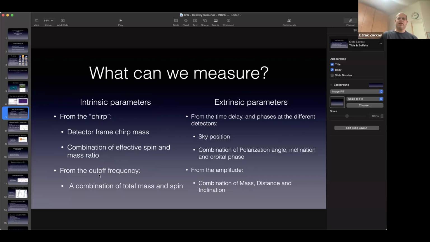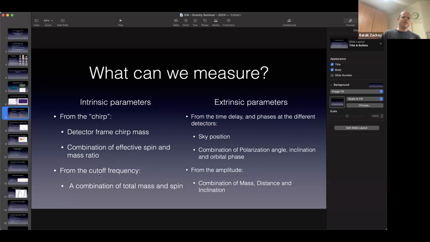Okay. In principle, detectable. In practice, sometimes it is outside the band, sometimes it is the only thing we see, and then the degeneracy is too big. But logically, if I ask you what numbers we can measure from the waveform itself in one detector, the answer should be the mass, the effective spin, the mass ratio, maybe two numbers out of these three, and sometimes the cutoff frequency.